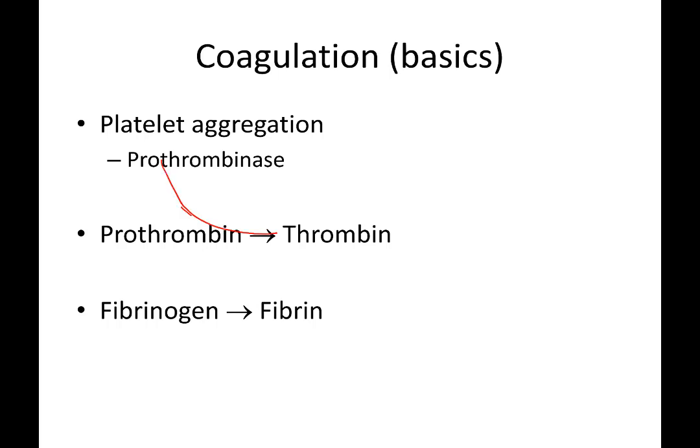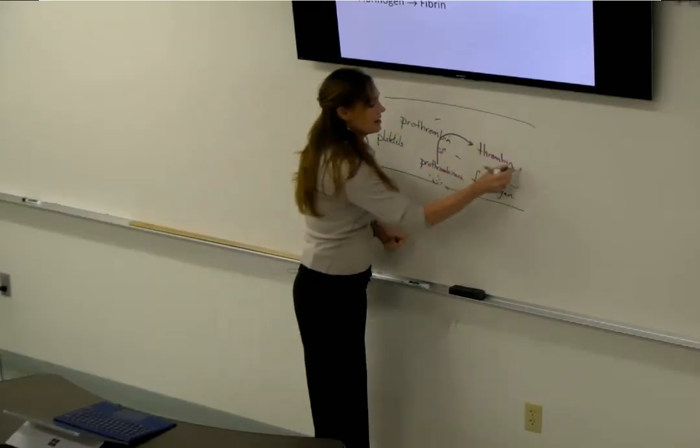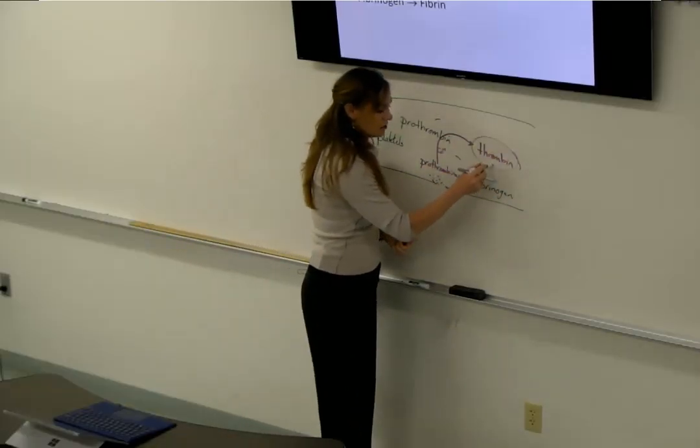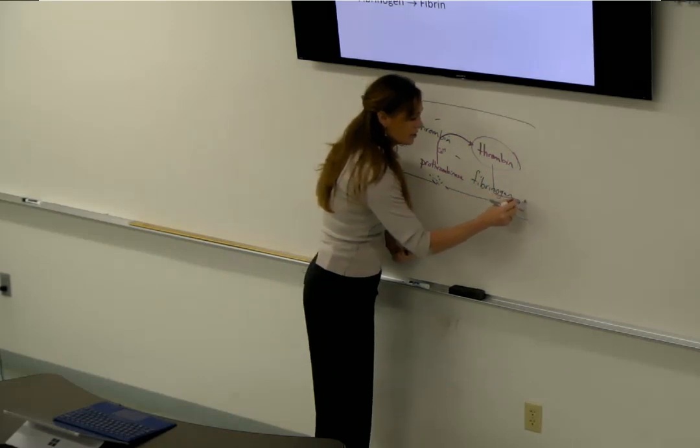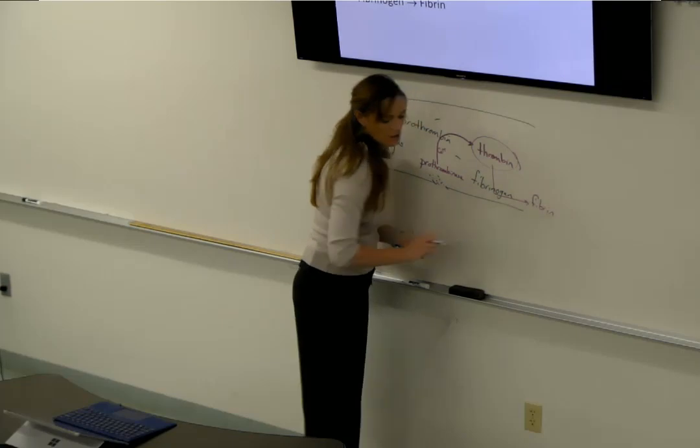Prothrombin, I'm going to draw it like an enzyme, plus calcium. Now that we have thrombin, thrombin then comes down and goes to fibrinogen and turns fibrinogen into fibrin.